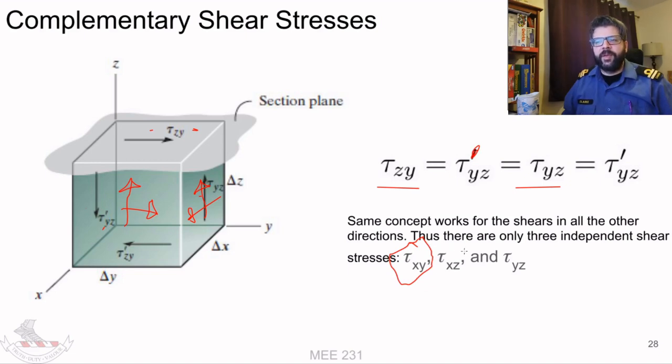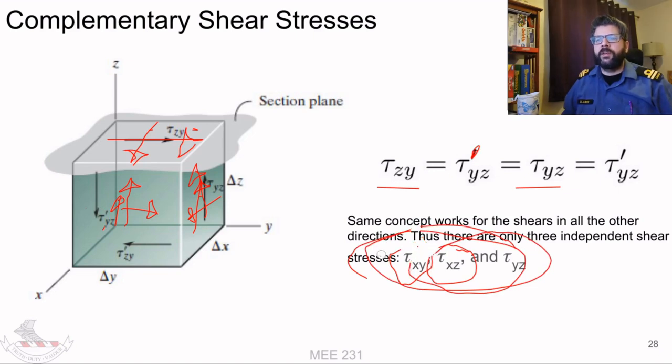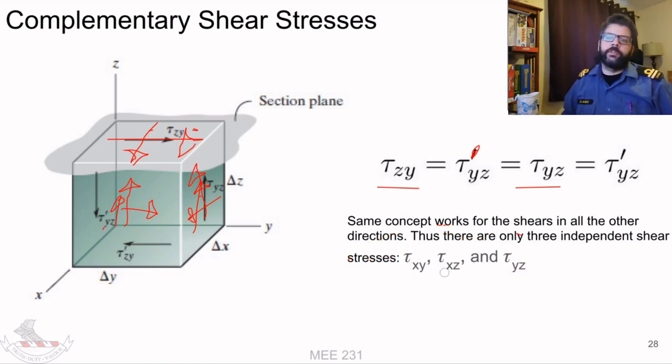If we have our tau xz, that's this one here, that's going to cause a tau zx. And when we have our tau yz, this one here, it causes a tau zy. So these are the only 3 independent shear stresses that can occur. All the rest are a reaction to those shear stresses, or vice versa.